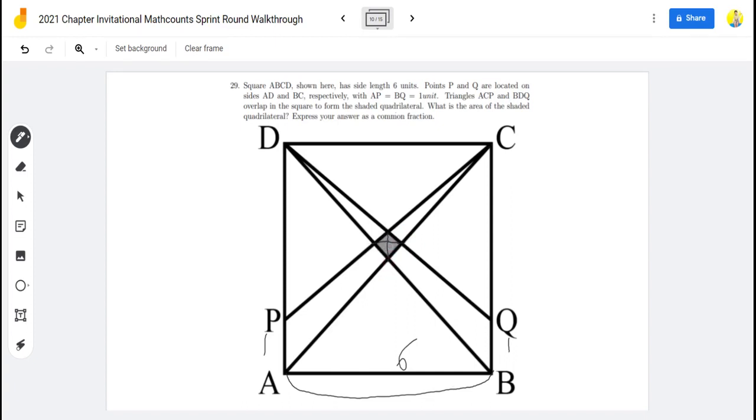So to find the length of the horizontal diagonal, we simply find this length first. Let's call it x. We see that this length is 5 and this length is 6.